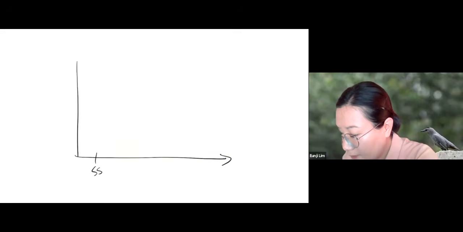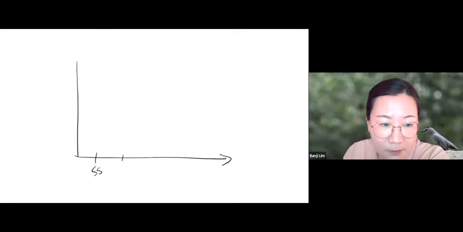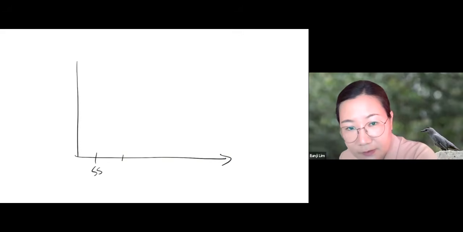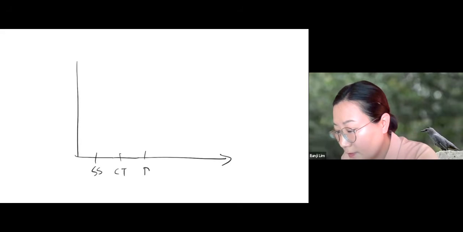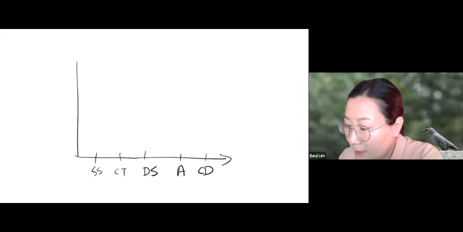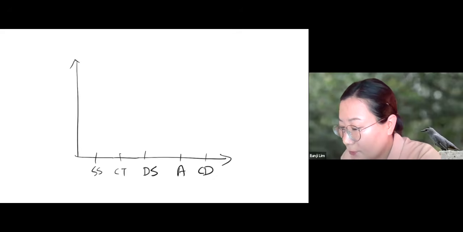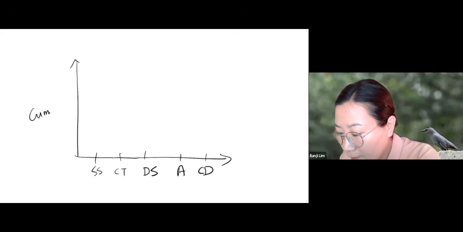So the highest frequency is slow service. The next highest frequency is cramped tables, discourteous server, atmosphere, and cold dinner. And on the y-axis, you're going to put the cumulative percentage frequency.